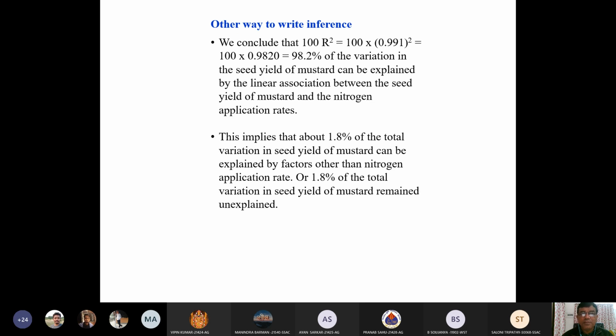So this relationship explains 98.2%, but 1.8% may be due to some other reasons. So about 1.8% of the total variation in seed yield of mustard can be explained by factors other than nitrogen, or 1.8% of the total variation remained unexplained. This is how we write the interpretation of R square.